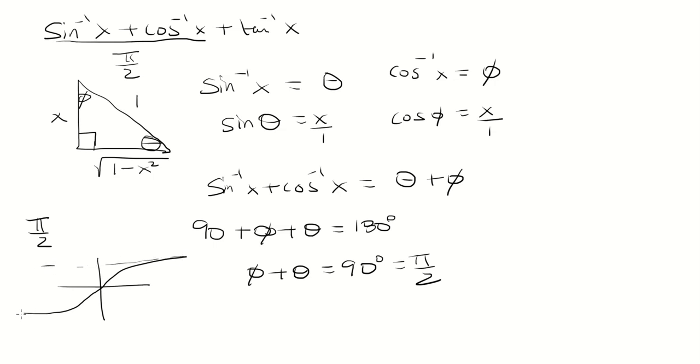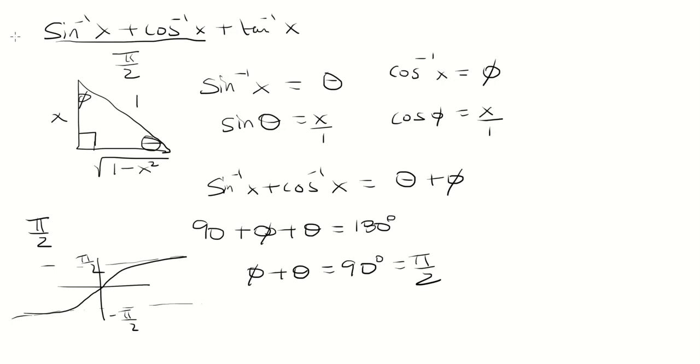There's an asymptote at negative pi over 2 and pi over 2. So the smallest that it's going to be is negative pi over 2, and the biggest it's going to be is pi over 2. But you want to be careful because you want to make sure that we're looking at the same domain.